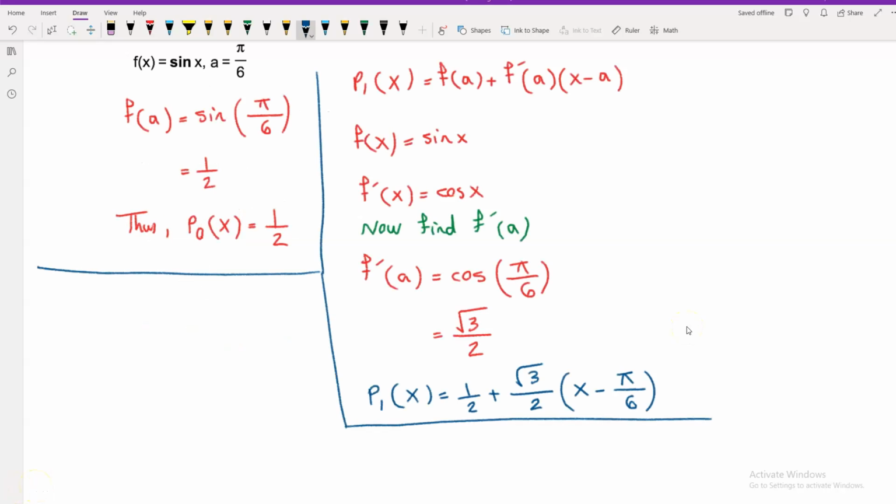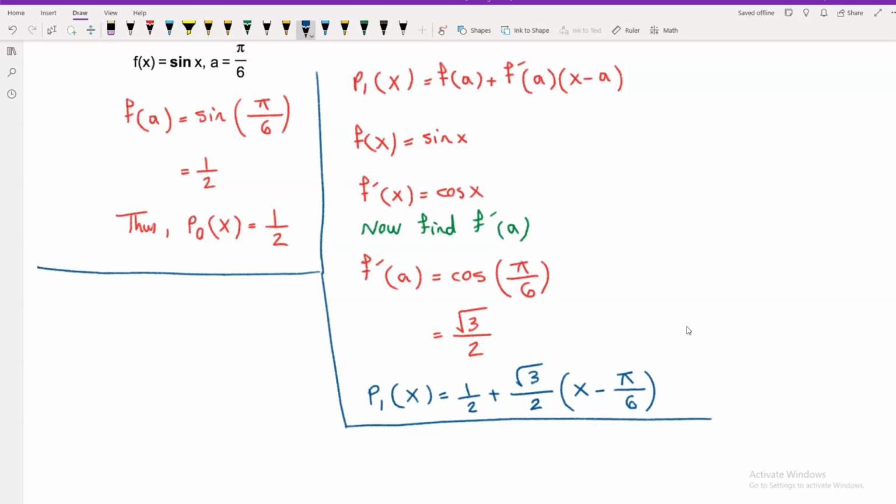And now finding the Taylor polynomial of order 1. Now that we have P_1, that is equal to f of a plus the first derivative of a times (x minus a). What we have for f of x is equal to sine x, so the first derivative of f is equal to cosine x. Now find the first derivative when x is equal to a.